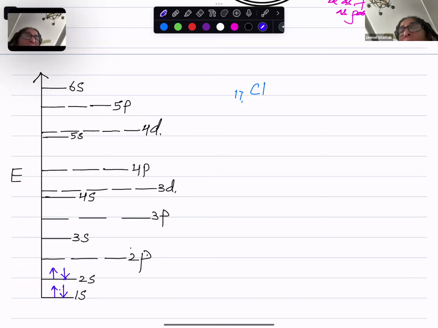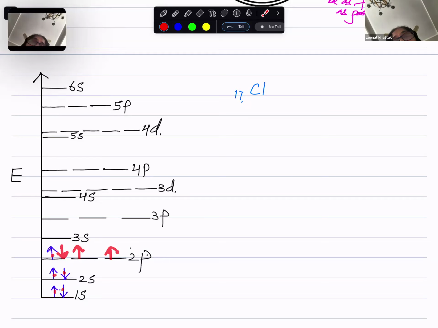So the fourth, now the fifth. What will the fifth do? The fifth will go to this. And now what about the sixth? Would it pair up? Not at all. Why? Because there is place at the same energy. 1, 2, 3, 4, fifth. The sixth is single. The seventh is also single. The eighth will pair up instead of going to high. The ninth pairs up. The 10th pairs up. The 11th goes to high.